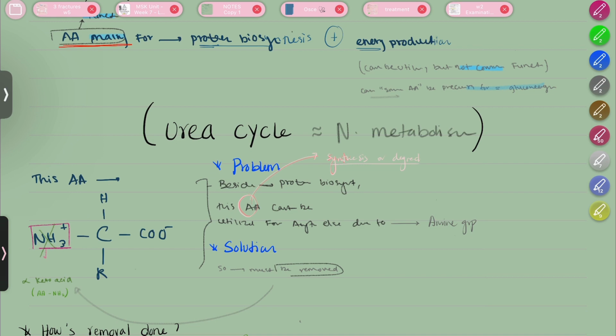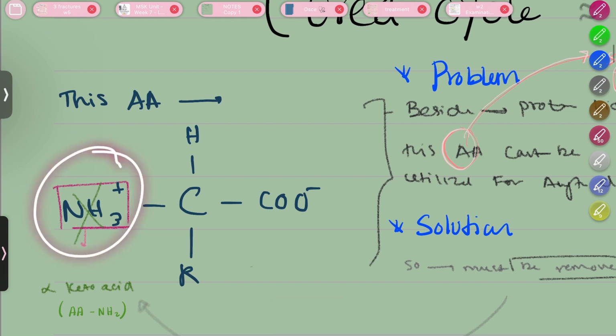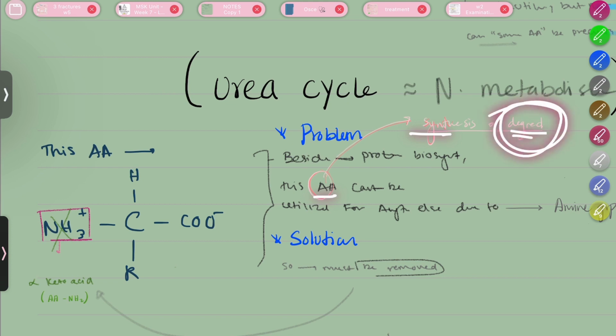This amino acid cannot be utilized due to this amine group. By utilization I mean synthesis or degradation, specifically degradation. Amino acids can never be degraded or even utilized generally unless this amine group is removed. The process of removing this amine group is called deamination.